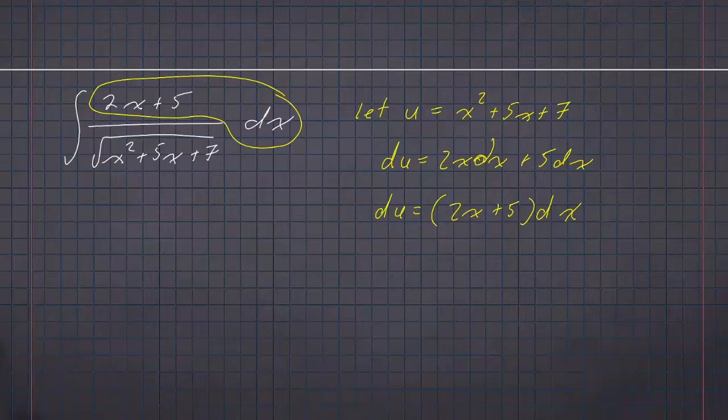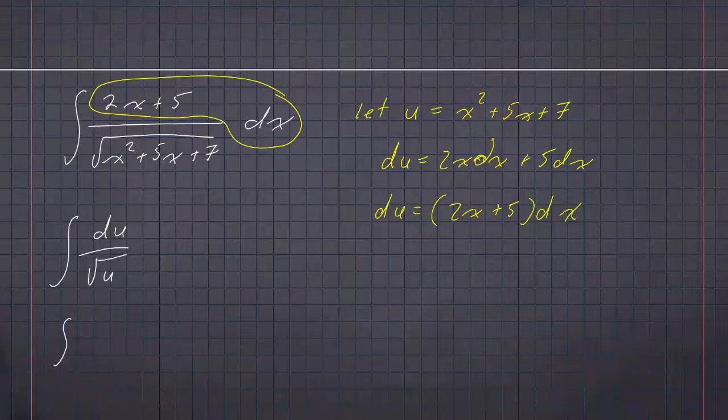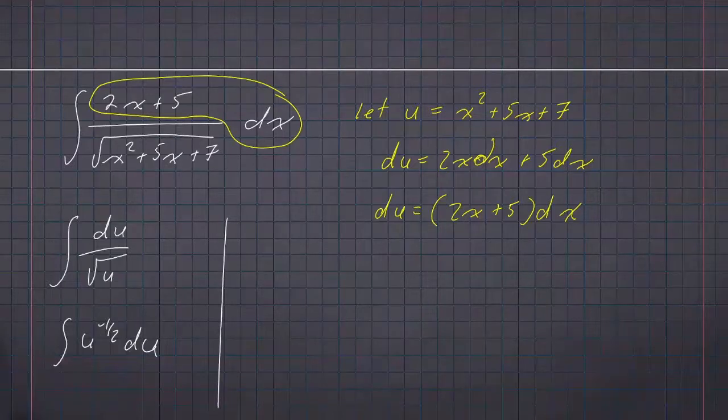So we can substitute in and find that this is simply the integral of du over the square root of u. All right, we'll rewrite that as u to the negative 1/2 du and use the power rule. m is negative 1/2, so m plus 1 is positive 1/2.